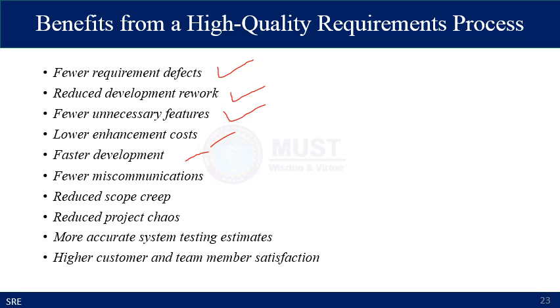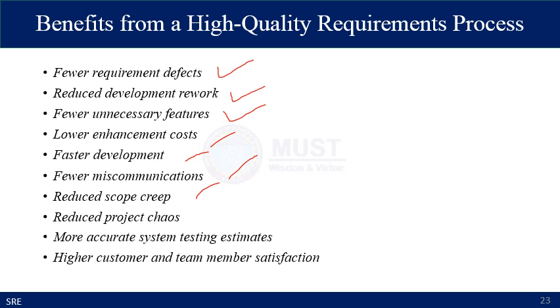And there will be fewer miscommunications because the quality of the requirement engineering process will ensure that the requirements are unambiguous and clearly stipulated to all the stakeholders and especially to the developers and the users. It will also reduce scope creep, so you do not have to vary your scope with each release.